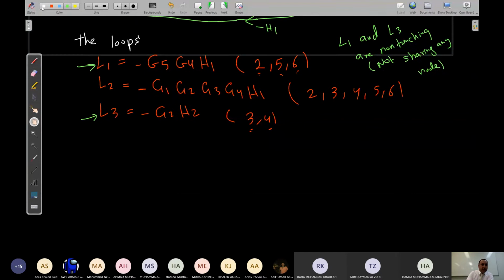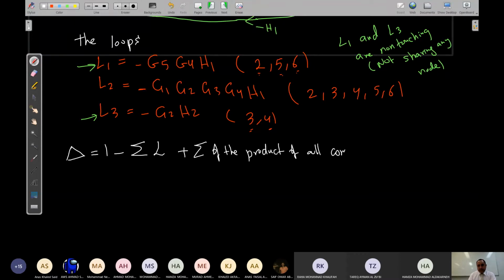Now, who will help me with that? Delta was equal to what? Do you remember? Delta was equal to 1 minus the summation of all independent loops, plus the summation of the product of all combinations of two non-touching loops, and after that minus the sum of the product of all combinations of 3 non-touching loops.